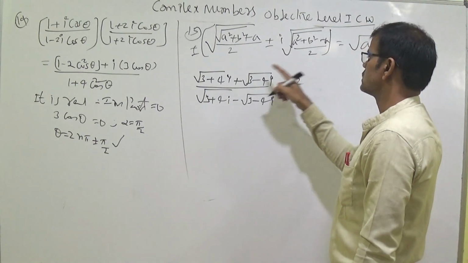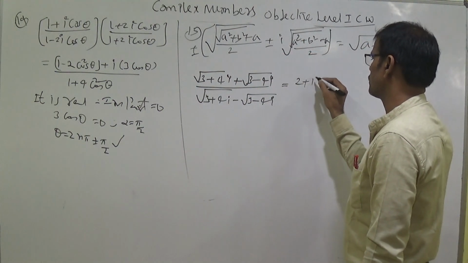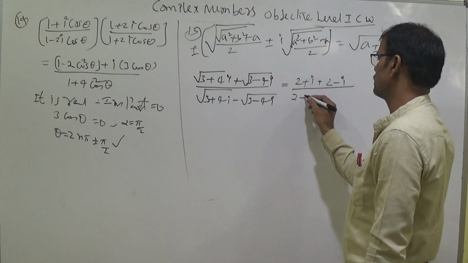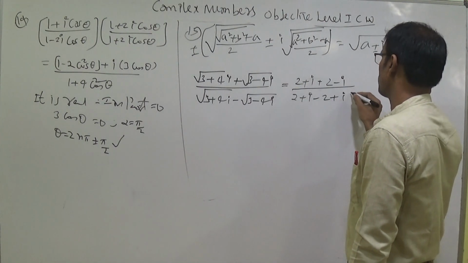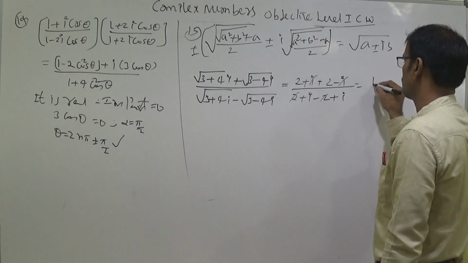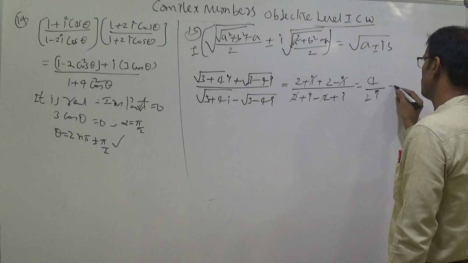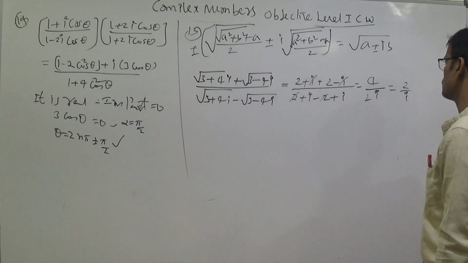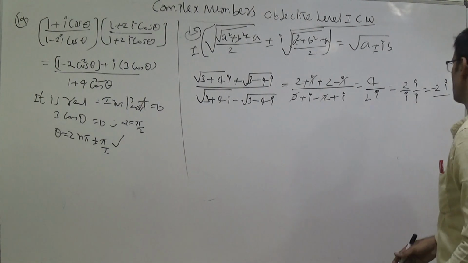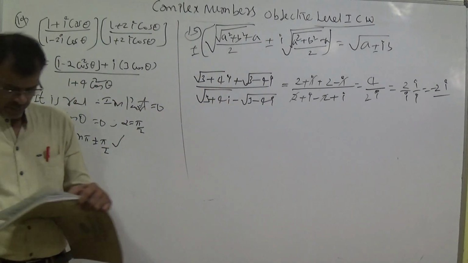And this is a square plus b square, so 5 minus 3, 2, 2 by 2, 1. This is 2 plus I. So 2 plus I plus 2 minus I by 2 plus I minus 2 plus I. Here I and I get cancelled in the denominator, 2 get cancelled. You can understand this is 4 by 2i, so 2 by I. Multiply and divide with I. So you can understand this is minus 2i because the denominator is I square, and I square is nothing but minus 1. Answer minus 2i, third option.